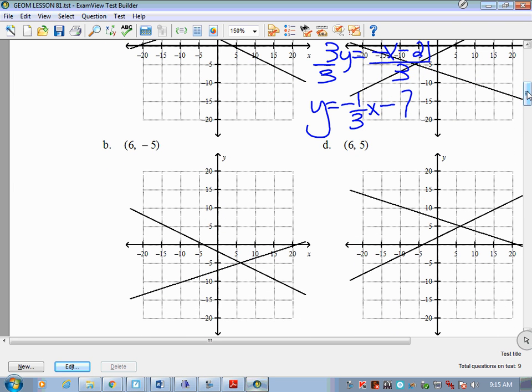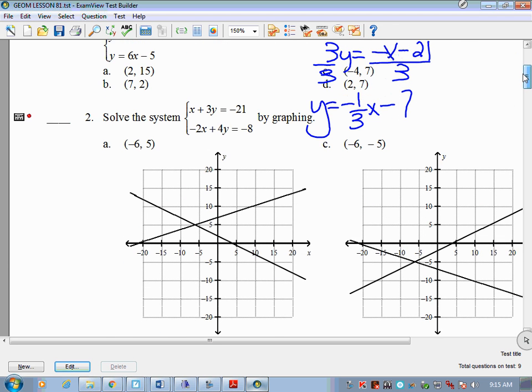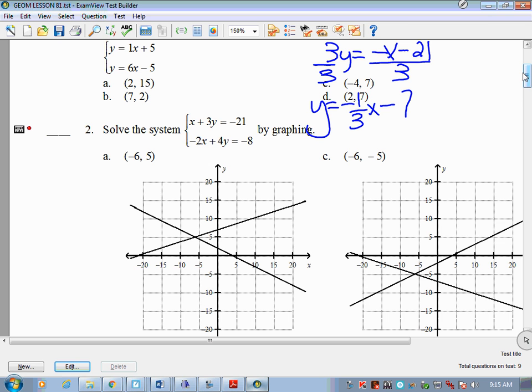B has the y-intercept at negative 7, but notice that it's a positive slope. So is B going to work? No. Look at D. Does it have a negative 7 y-intercept? No. Right, so I could tell right off the bat that C is probably my answer.